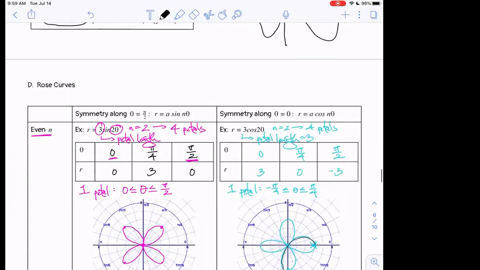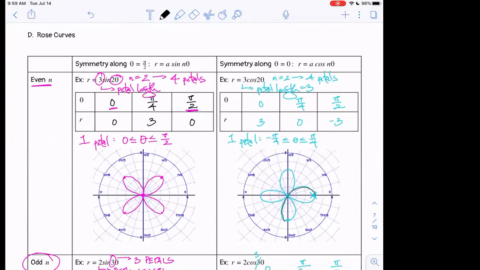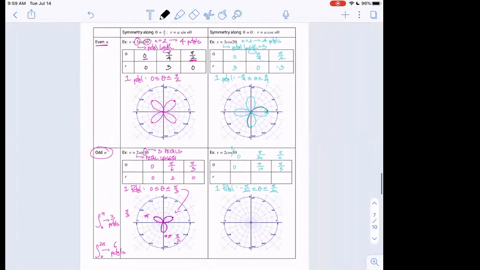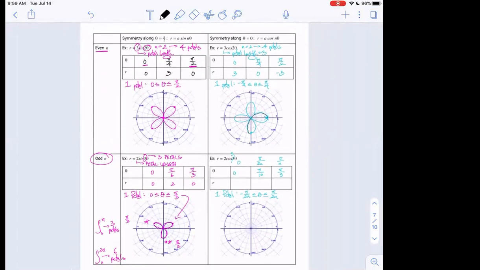All right. So then after the circles, we took a look at the rose curves. And this is the last thing that we covered at the end of class yesterday. When we looked at the rose curves, we looked at 2 different cases, what happens when n is even versus odd. And remember, for even ones, the number in front of the theta tells you only half of the number of petals.